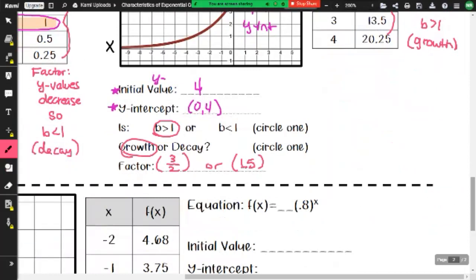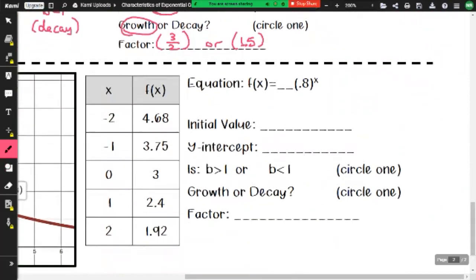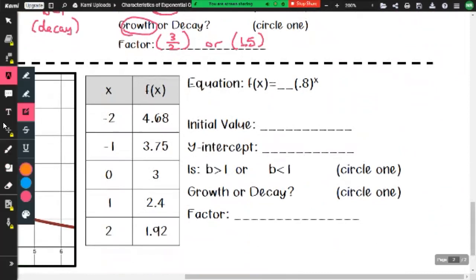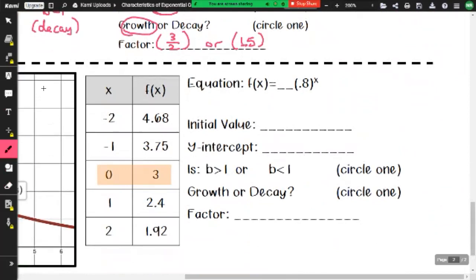Last one. Ready? Okay. What is my initial value? 3, 0, 3. Got that initial value right there. This one is kind of bigger, so I can write that in there, 0, 3. Here's my y-intercept. Once again, not all tables have a y-intercept. So let's go ahead and fill in a 3 right here in front of our parentheses.